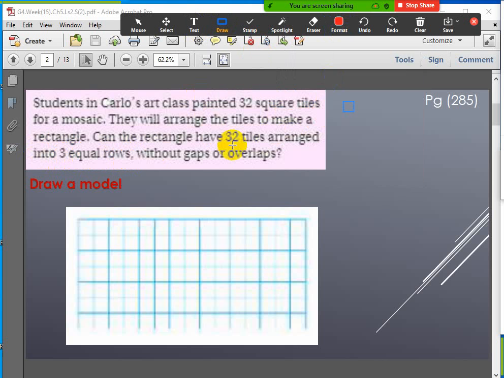First, I will use a model to arrange the square tiles in 3 equal rows without gaps or overlap. That means I don't want to find any row with more than another one. The number of square tiles is 32.